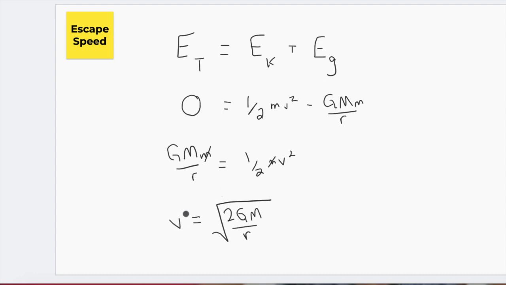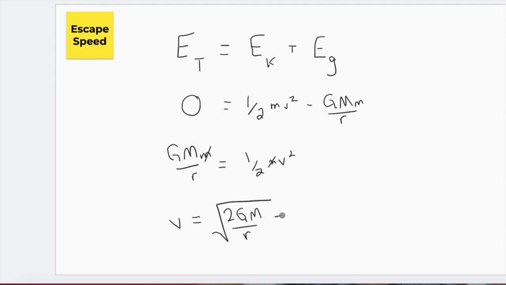The escape speed of any object that's trying to escape from the Earth is going to be a fixed number. It's quite amazing, actually. It doesn't matter if you have a 1 kilogram rock, or a giant rocket, or satellite, or whatever. It doesn't make a difference. If you want to escape from the Earth, you need a speed that's equal to this.